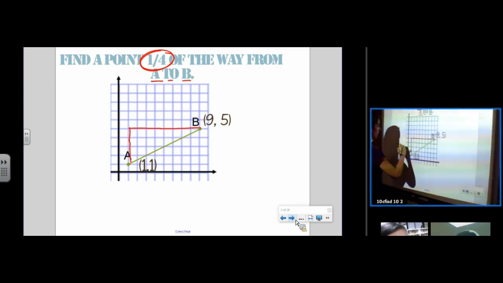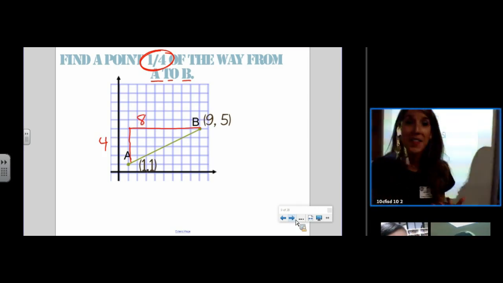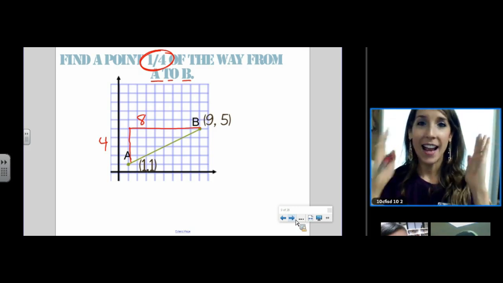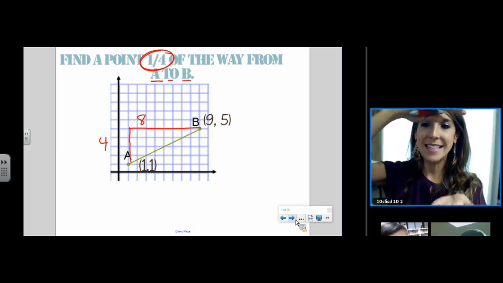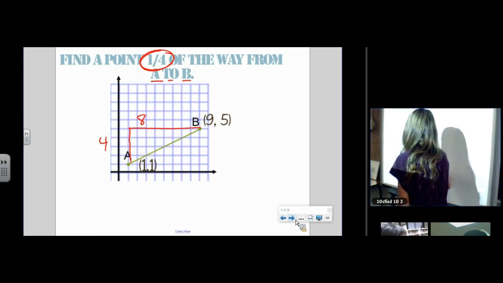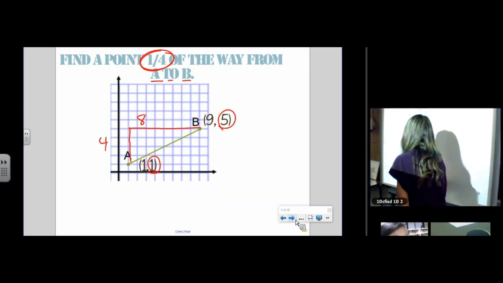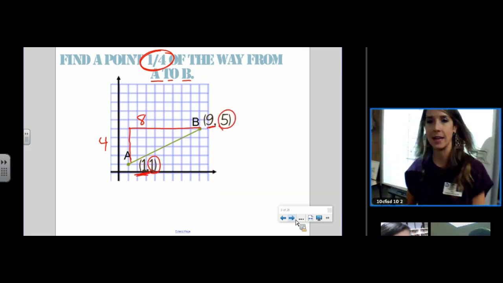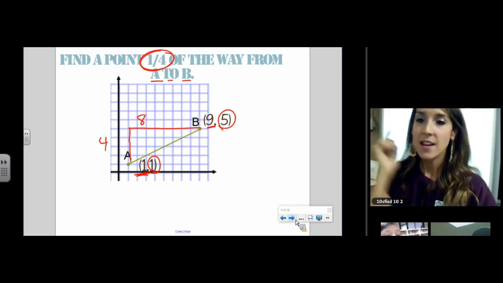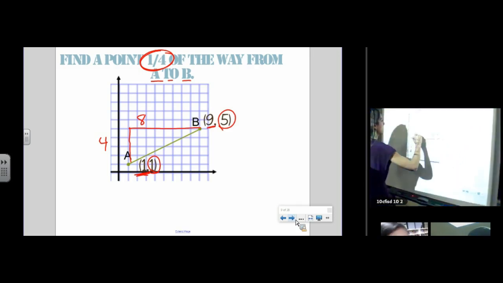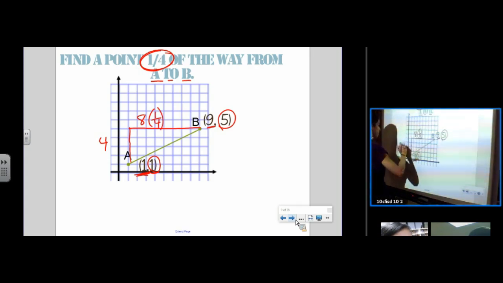The rise is 4. The run is 8. I just found the distance. I found delta x and delta y. Now, step 2, we multiply it by the fraction.